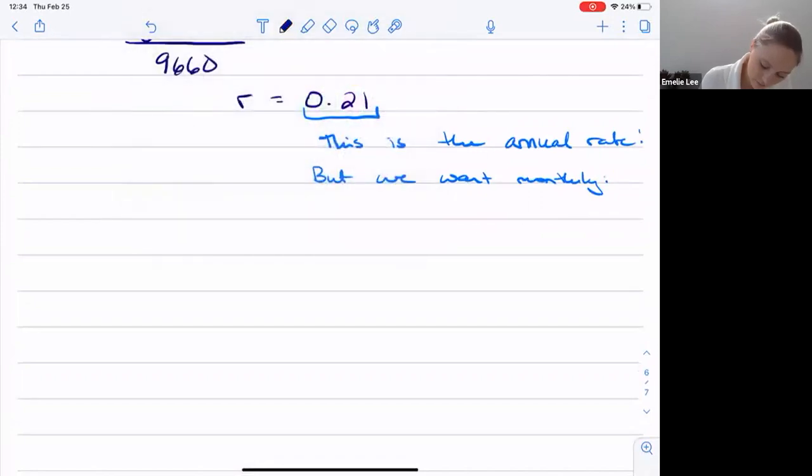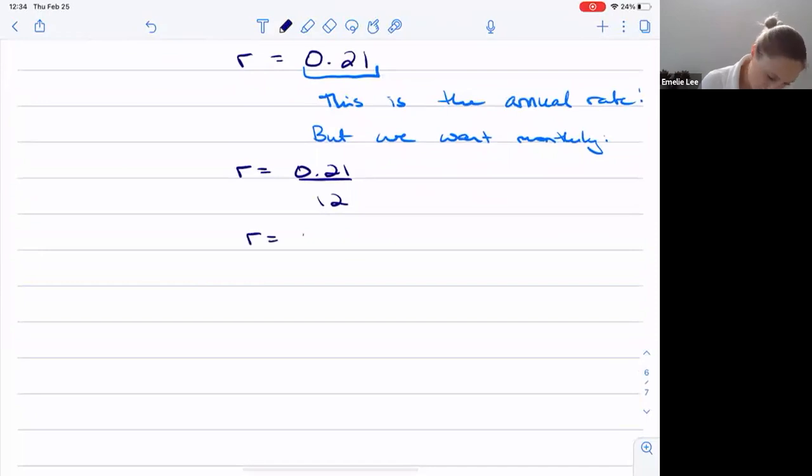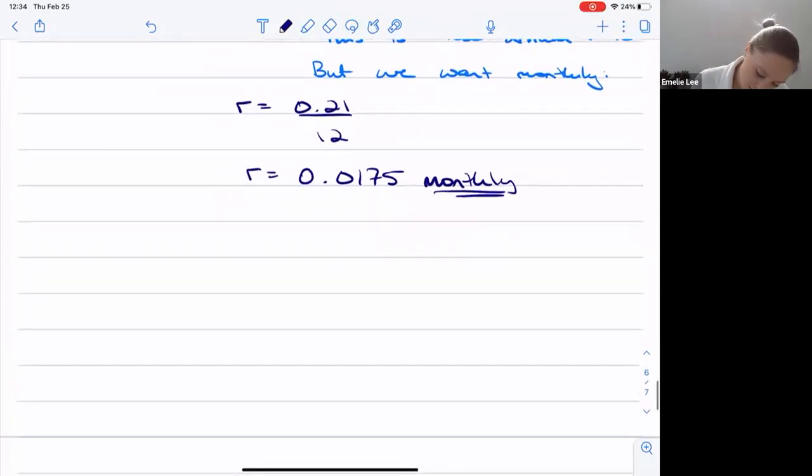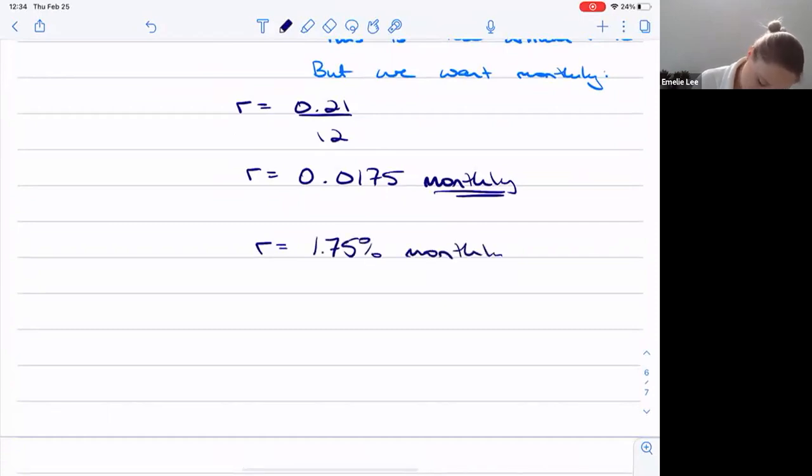So then R is going to be 0.21 divided by 12. So R is going to be 0.0175 monthly. But when we talk about rates, of course, usually we talk about percentages. And so R is 1.75% monthly.